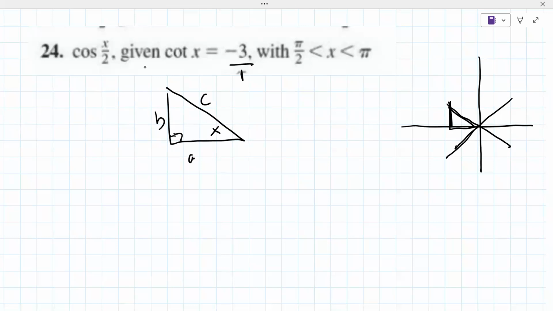A is -3, C is 1, and then B would be... well, this is cotangent though. Cotangent is not cosine. Oh, sorry. Cosine over sine.